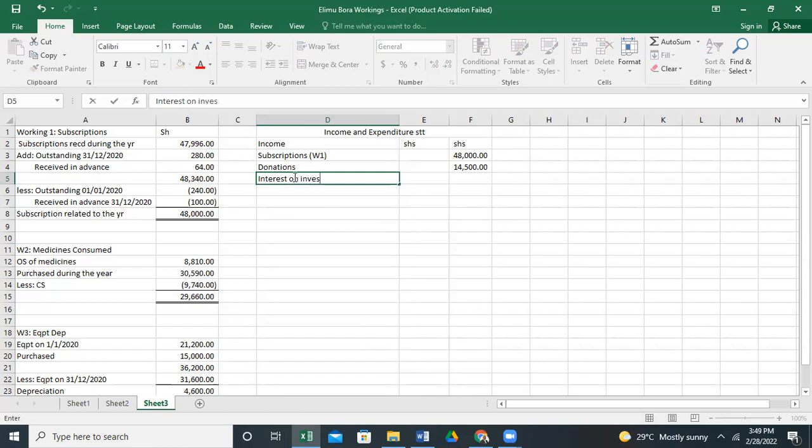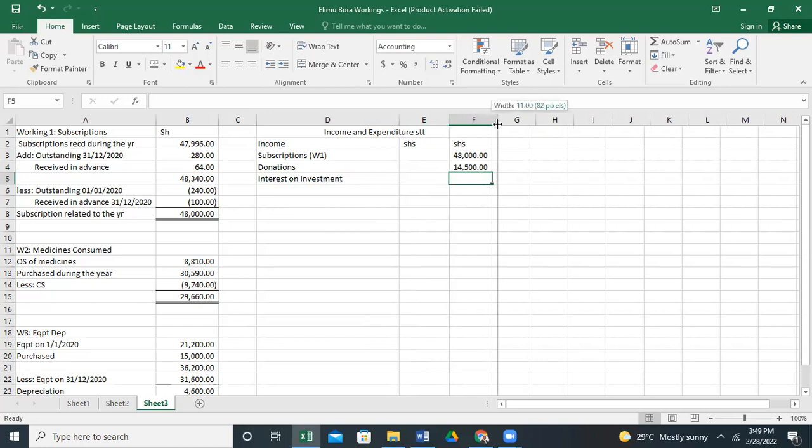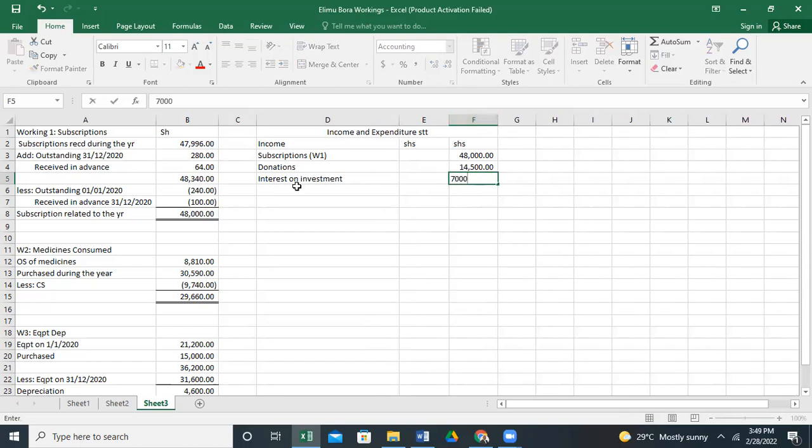So remember, this figure is very important. We've been told it's 7%. So when we'll be going to the balance sheet or the statement of financial position, we are going now to get the 100%. So here our interest on investment is 7,000. Then I have proceeds from investments.